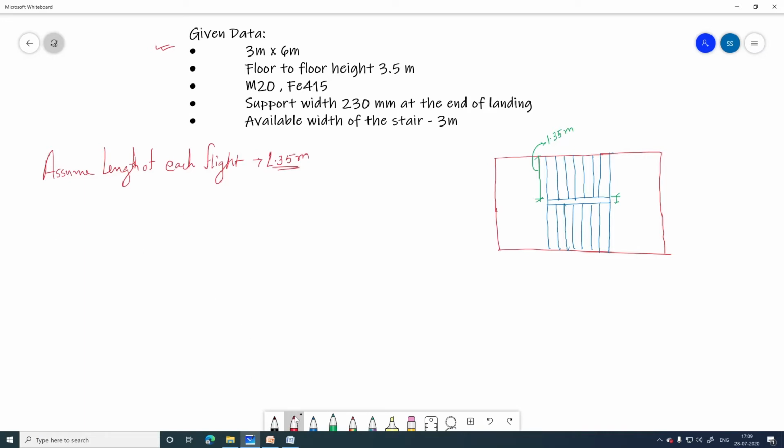So the space between two flights is, we know the total width, that is 3000, or you can say that is 3 meter.